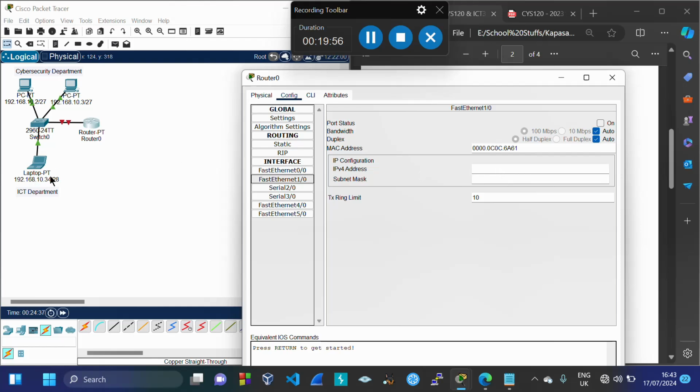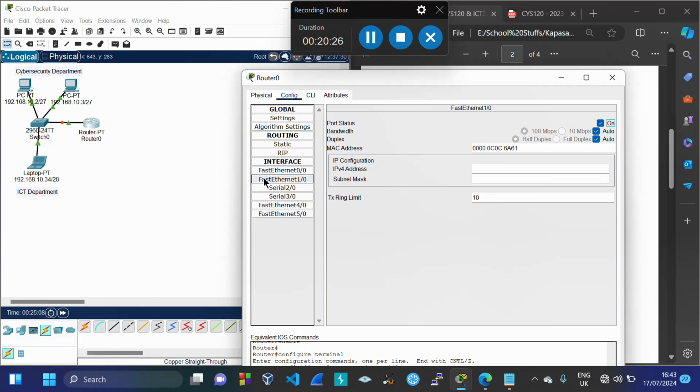means it will only know information about cybersecurity, but what about the ICT department? Due to this reason, we cannot put any default gateway of these two networks, but we can switch this interface on by saying on. Then we need to create two sub interfaces to represent cybersecurity and the ICT department so that they are able to communicate by inserting their default gateways.